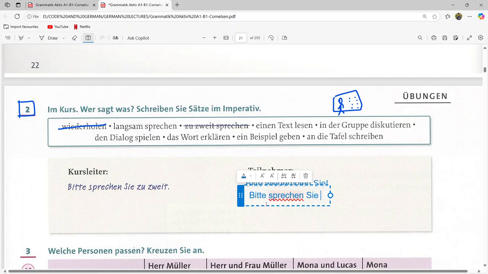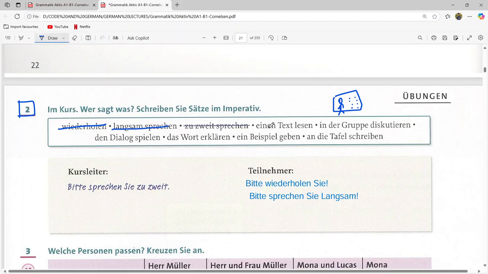So we are all using the Sie form because in the classroom you usually show respect to each other, like with the teacher when you are talking.